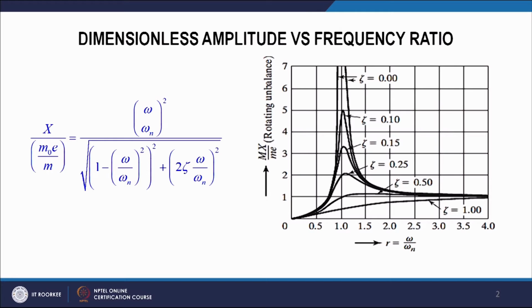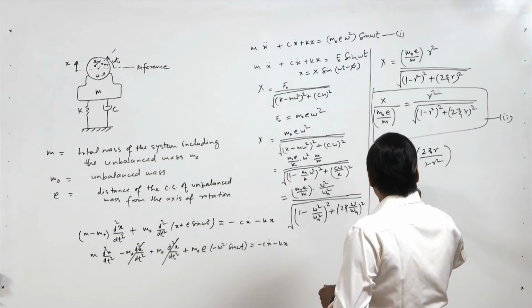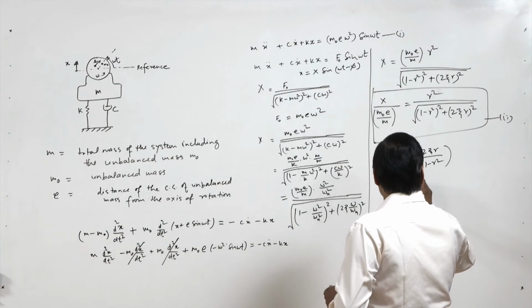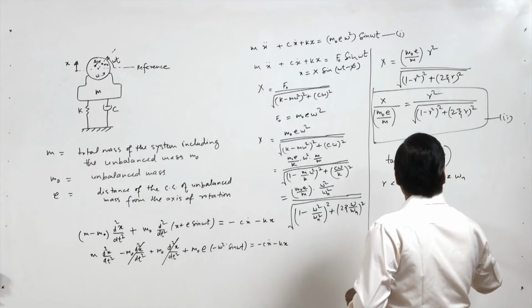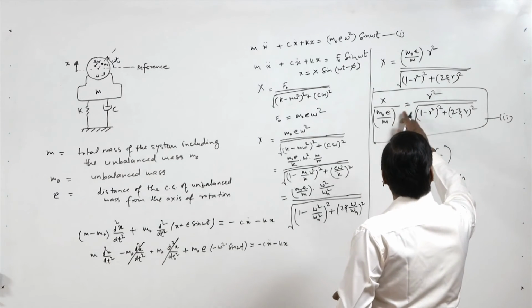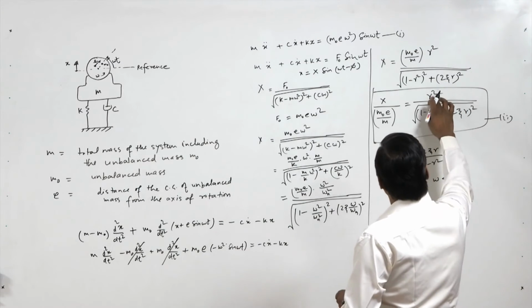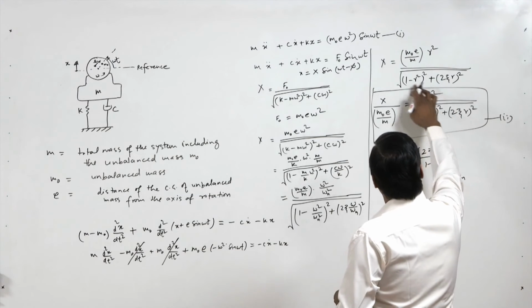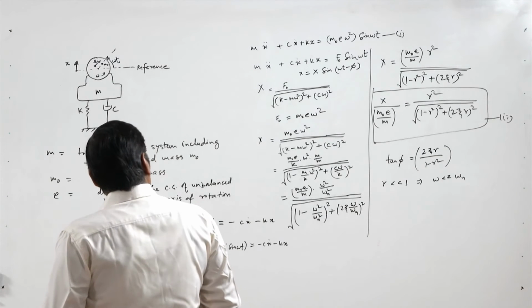This curve can be plotted here, and we see that when r is very less than 1, it means that omega is much less than omega n, so we have X by m0 e by m about r square, very less.